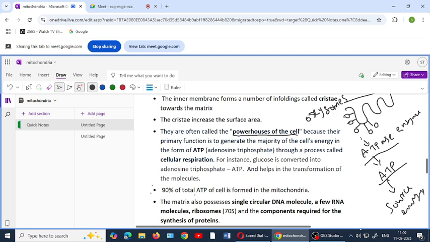Okay, powerhouse of the cell. And what is the full form of ATP? Do you know the full form of ATP? Adenosine triphosphate. Okay, remember that, adenosine triphosphate.